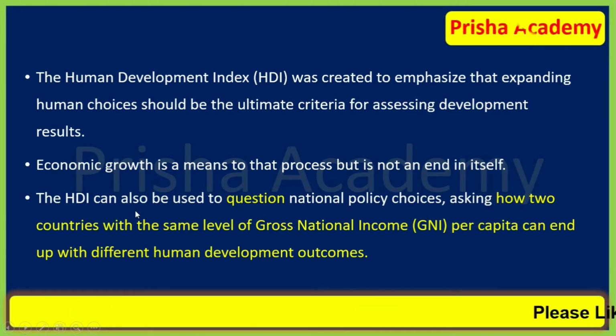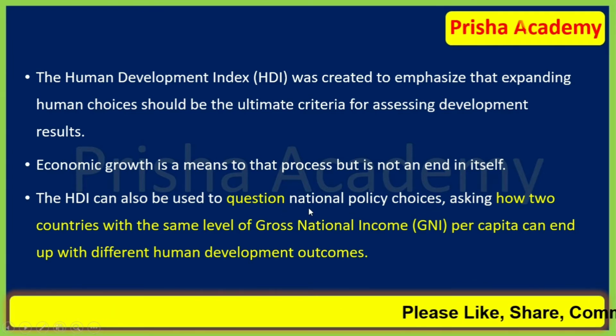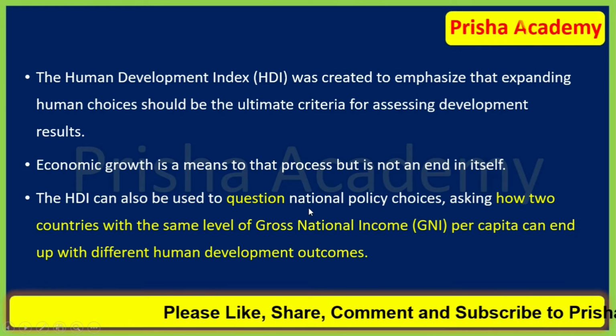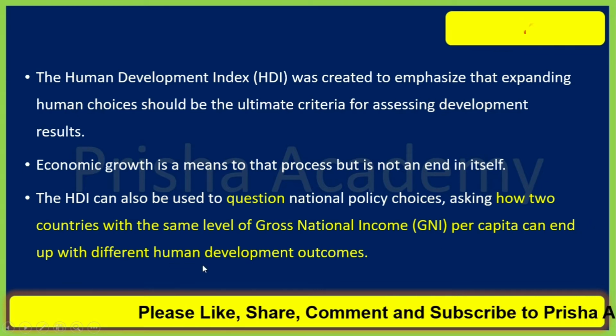The HDI can also be used to question national policy choices. So based on the HDI, we can question a country's national policy. Suppose two countries are at the same level in terms of GNI, gross national income per capita, but have different HDI.